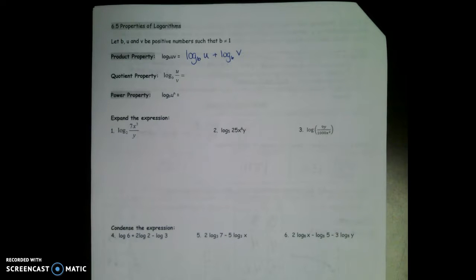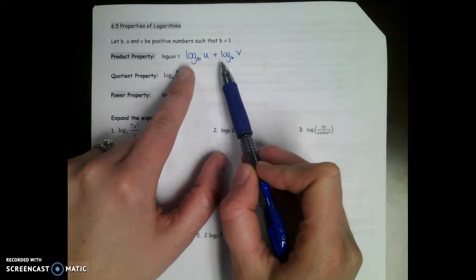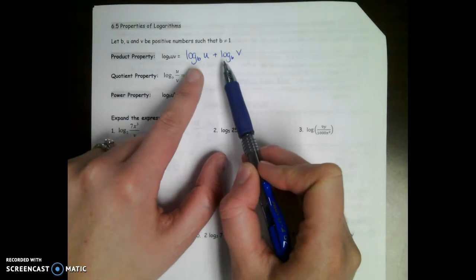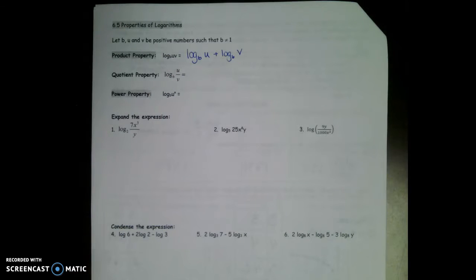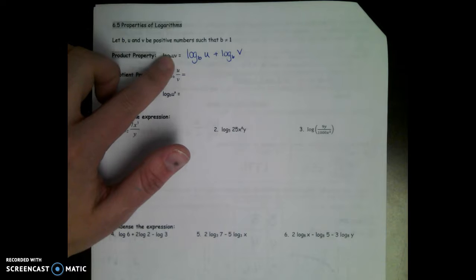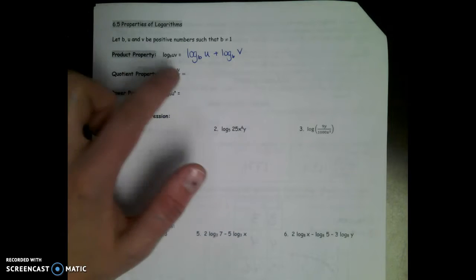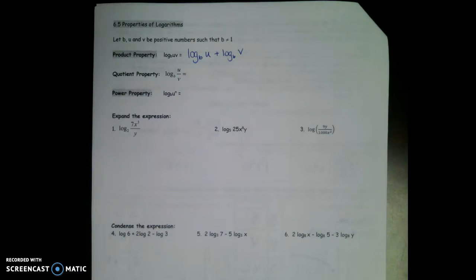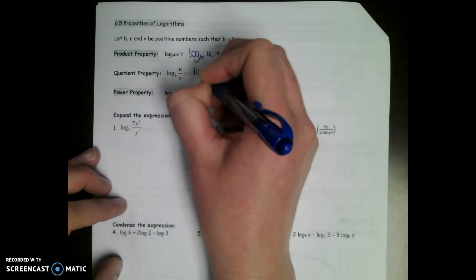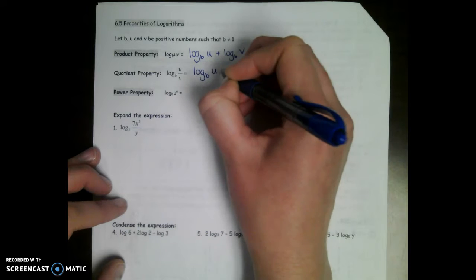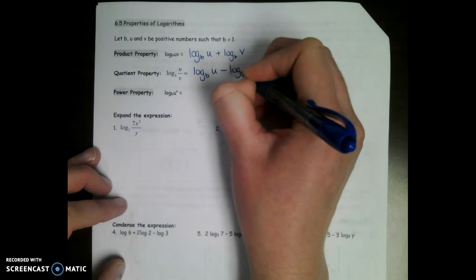So u and v both get their own log. Notice u and v both have logs with the same base because that was the original base from the original log. So if multiplication breaks up using addition, what do you suppose division is going to do? Subtraction. So log base b of u minus log base b of v.